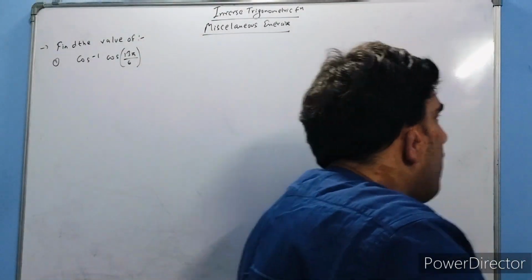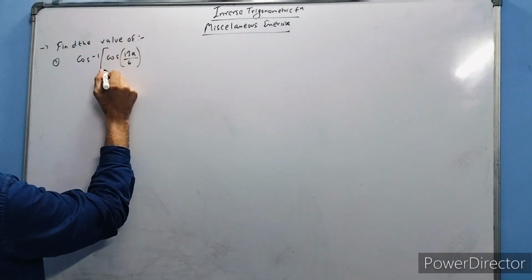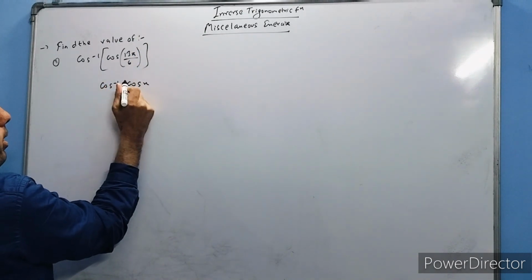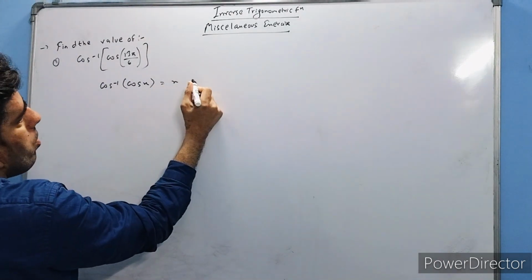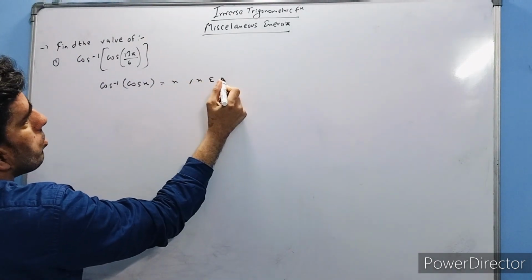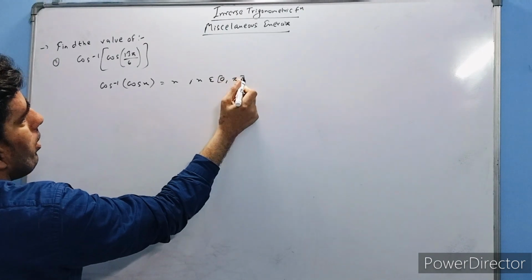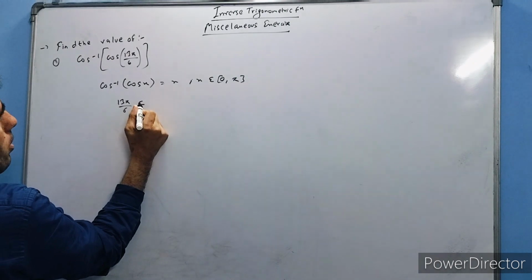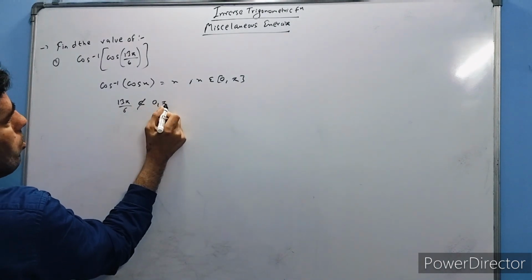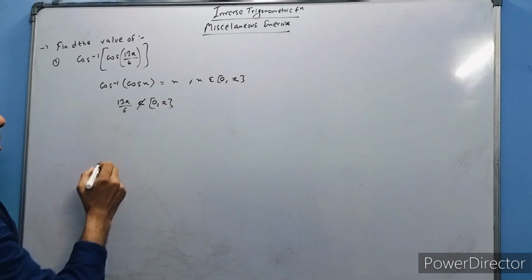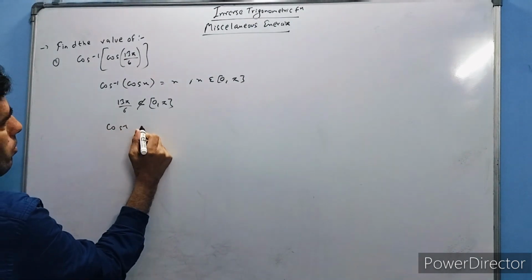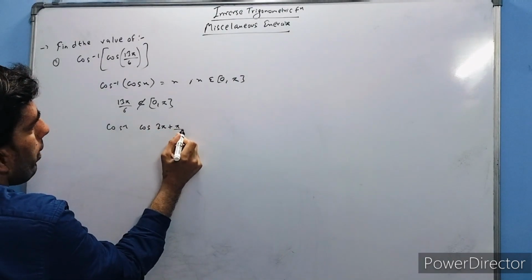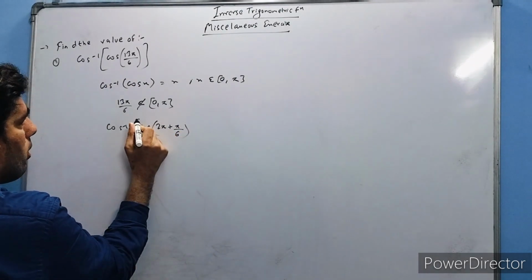We all know that cos inverse cos x will be x when x belongs to 0 to pi. But here 13 pi upon 6 does not belong to 0 to pi. So what we can do? We can write it as cos inverse cos of 2 pi plus pi upon 6.